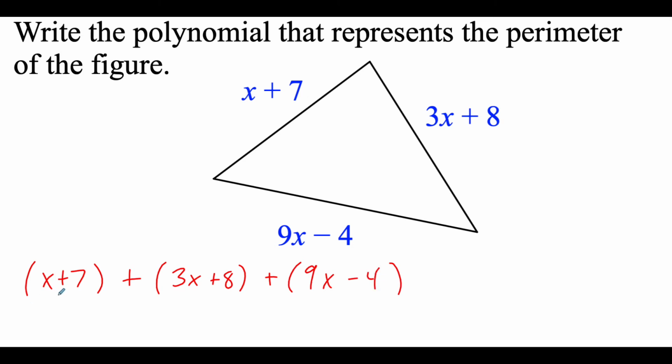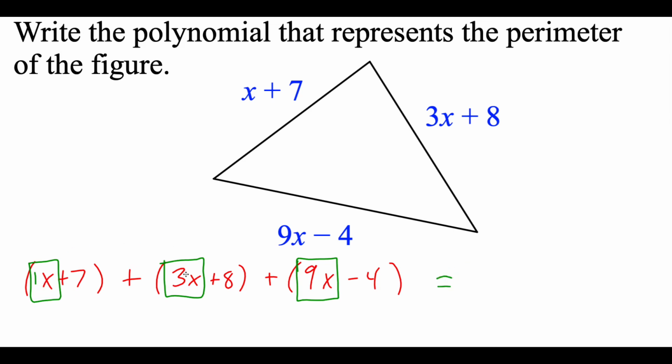So we're technically adding these three separate expressions together, trying to come up with a new polynomial. We're going to look for like terms. In the first polynomial, I see this plain x, so it's 1x. In my second polynomial, I've got 3x, and in my last one, I've got 9x. Those are all like terms, so I want to add all of those together.